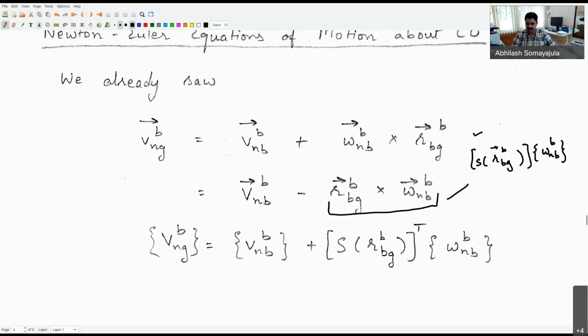But since I have a negative value, I can take the negative into the skew symmetric matrix, and we know the property of a skew symmetric matrix that minus S of r_BG is nothing but S of r_BG transpose. That is the definition of a skew symmetric matrix, isn't it? Yes, sir. So I can write this expression in this manner, which you have seen before here.